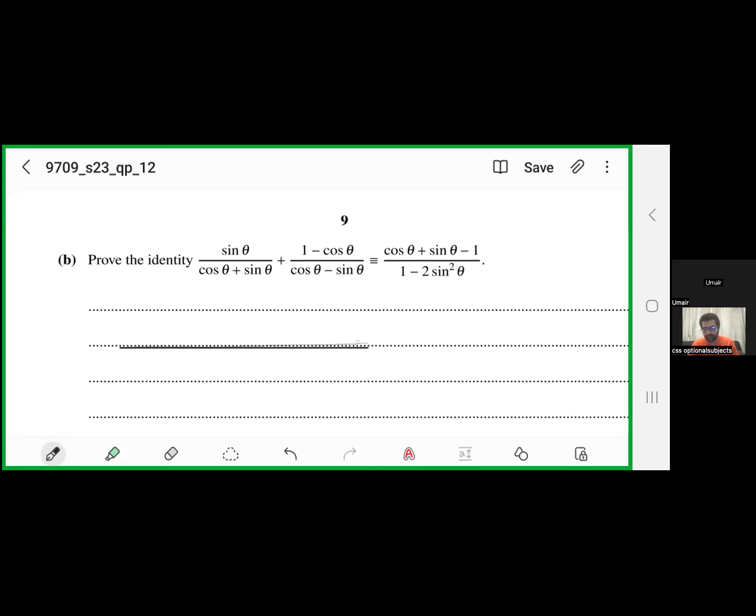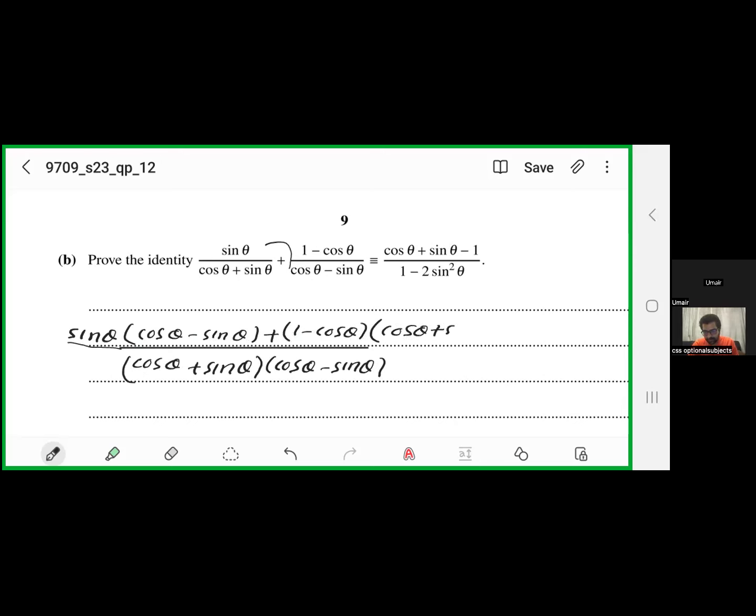If we take the LCM on the left side, it will be cos theta plus sin theta, cos theta minus sin theta. Now, this will be multiplied with sin theta, cos theta minus sin theta, plus 1 minus cos theta, and it is cos theta plus sin theta.